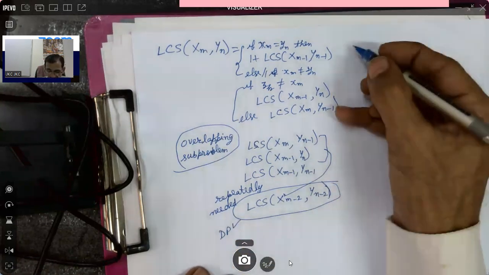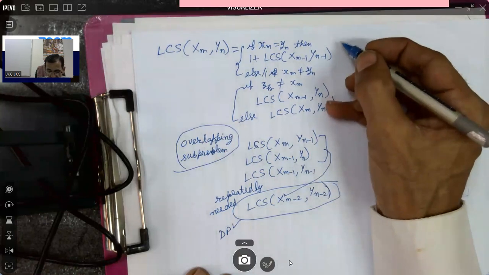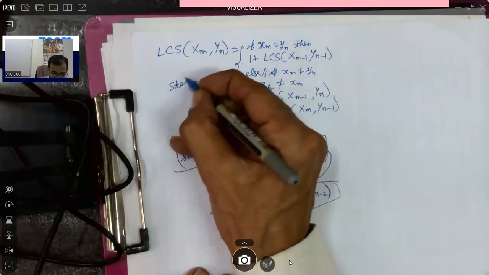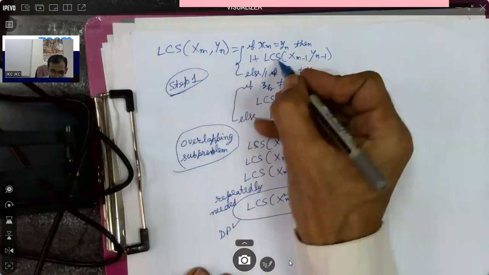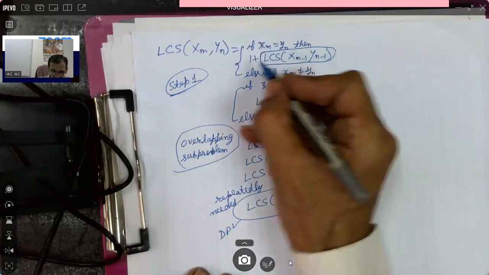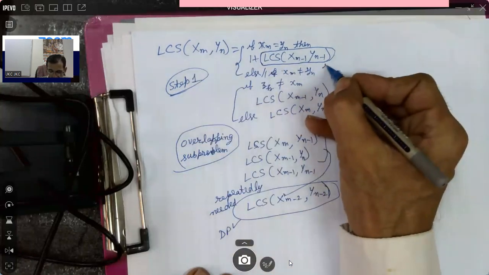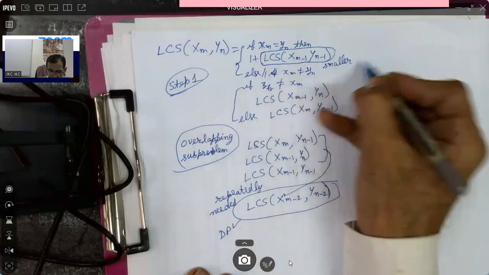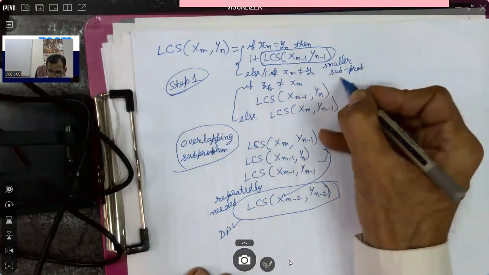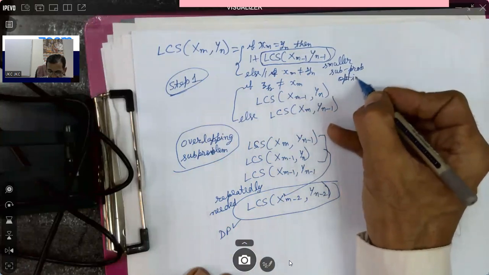Once I know this, my characterization, or step 1, is effectively ready: I have reduced the structure of the LCS problem into a smaller substructure, smaller sub-problems. And this is also optimal as well as recursive.